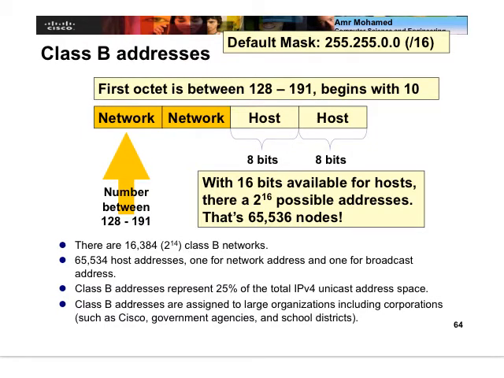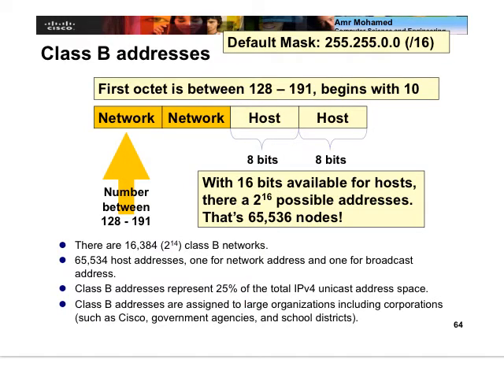Each of these networks will have 2 to the power 16 different hosts. If you account for the number of addresses in class B, it is 2 to the power 14 times 2 to the power 16, which is around 25% of all the IP address domain.